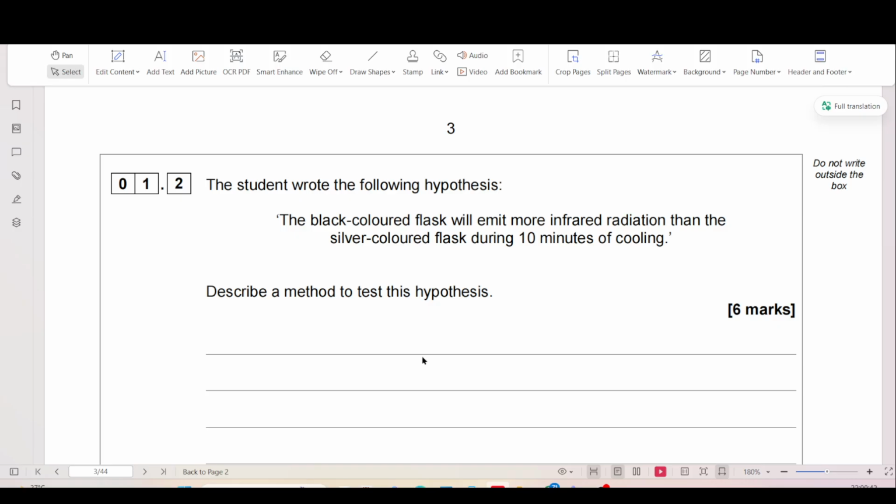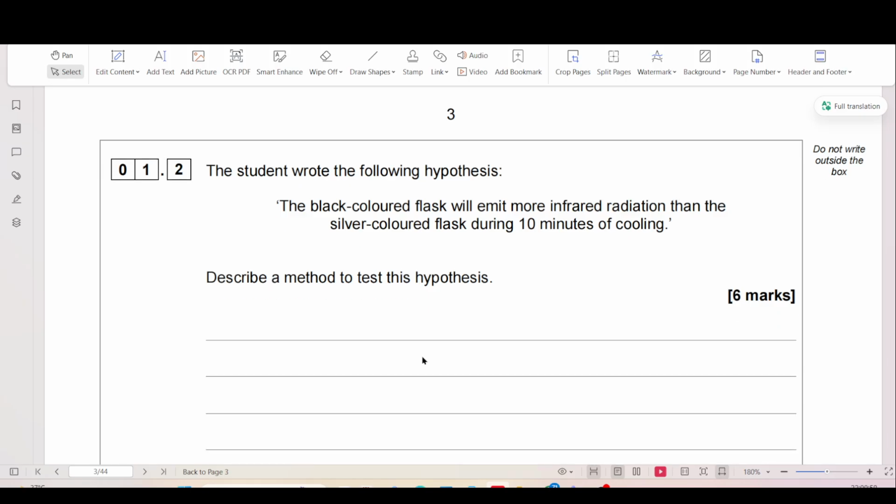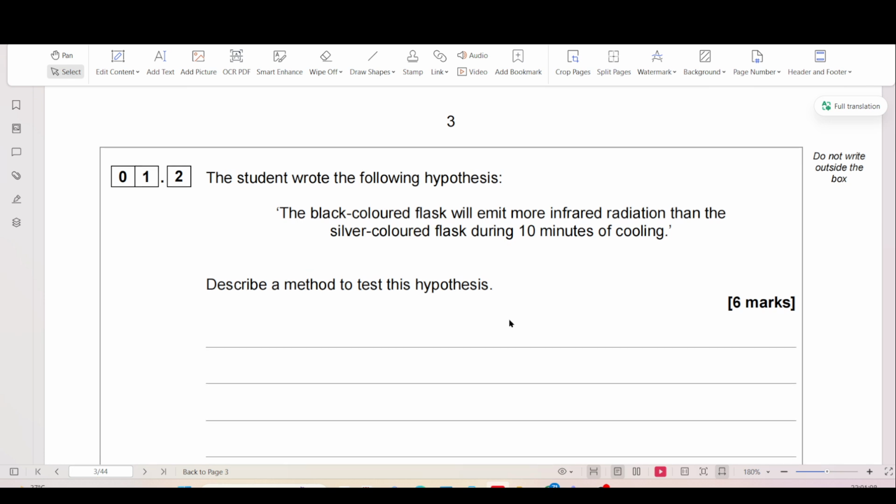Then we fill both flasks with the same volume of hot water from the kettle. Then we use the thermometer to record the initial temperature of water in each flask. Then we start the stopwatch and leave the flasks to cool for 10 minutes.